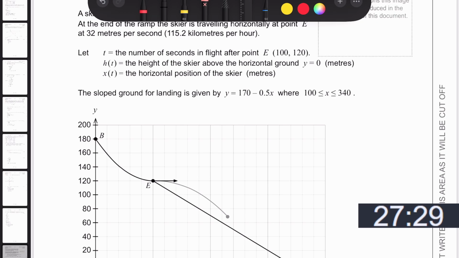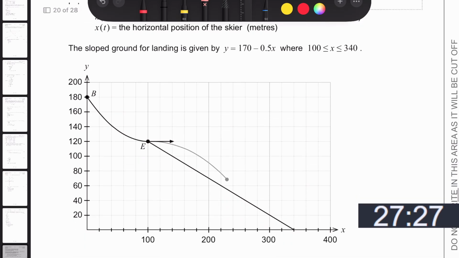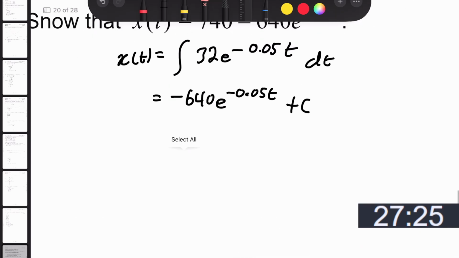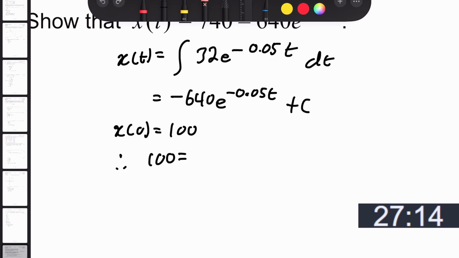And it's after point E. So x of t is x of 0, sorry, is equal to 100. So therefore 100 equals negative 640 plus C, so C is equal to 740.